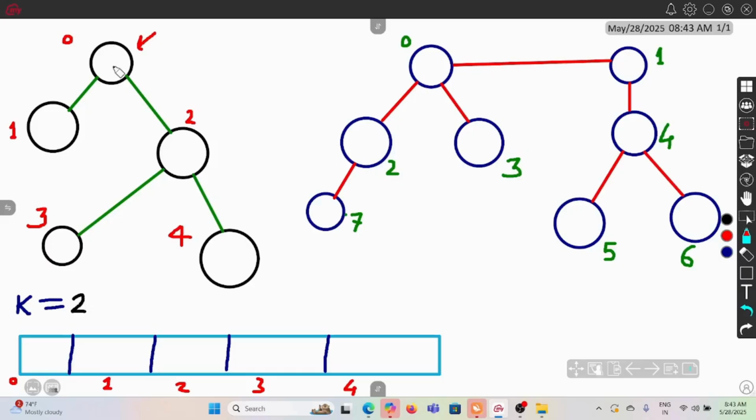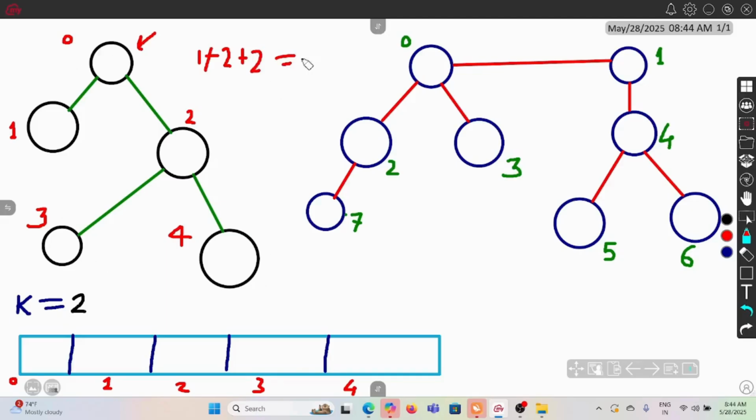So for example, 0 itself is a target. Now node 1 and node 2, they are at a distance of 1. So 2 nodes we found which are still lesser than this K, right? Now if we look at nodes 3 and 4, they are also 2 distance away, right? So we found another 2, right? So for this graph only, for this 0 node, how many did we find?